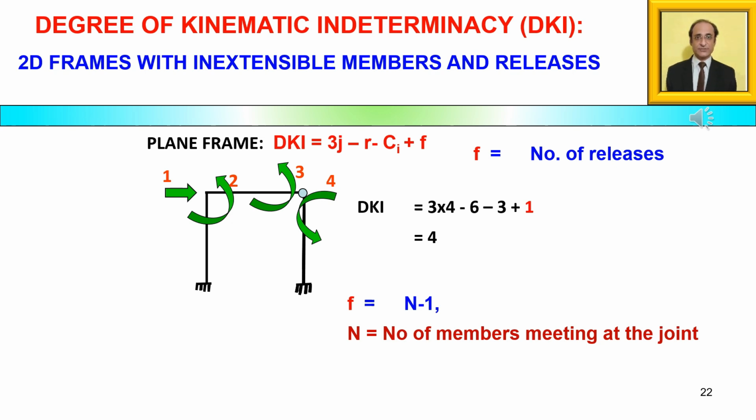So at the right top joint, there are 2 independent rotations, because now the joint is not a rigid joint. For a space frame, the expression can be extended very easily. Only thing is that 3 has to be replaced by 6. At each joint, there are 3 translations and 3 rotations. Hence, the equation becomes 6j minus r minus Ci plus f.